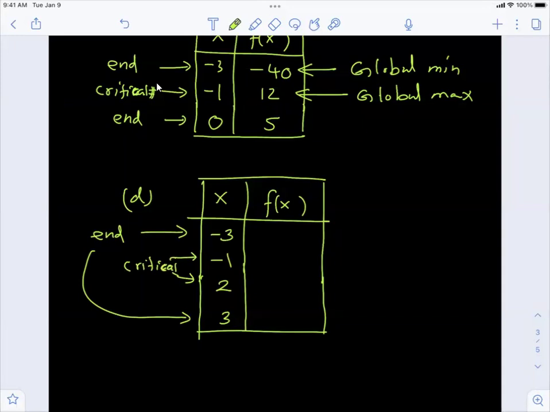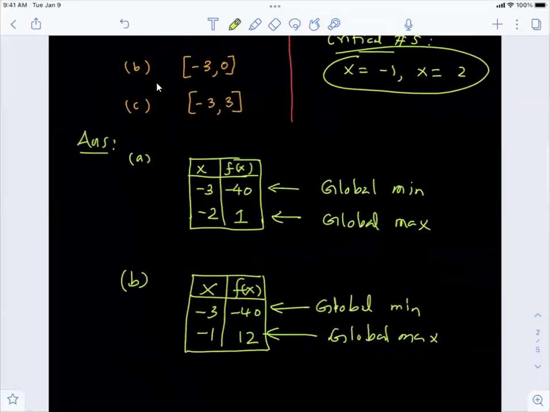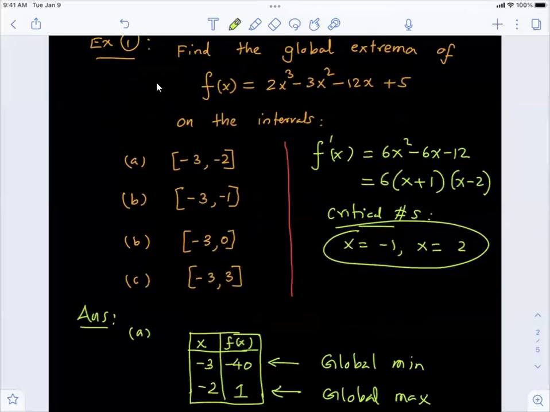And then let's compute. This is none other than -40, 12, and then at 2, what do you get? You need to do that computation now. Let's go back to the function and do it.